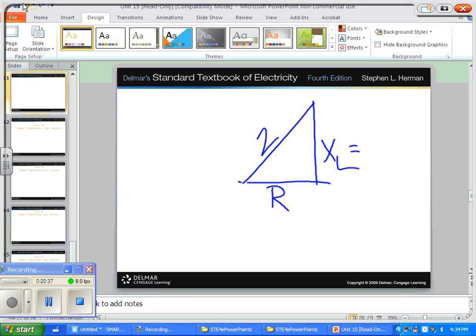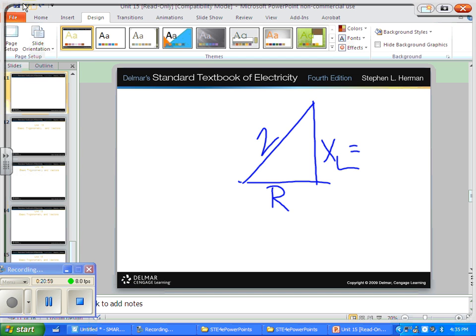We're going to say that it has, now X sub L is in ohms. What did it say that inductive reactance is measured in? No, not ohms. Henries, that's the inductance itself.